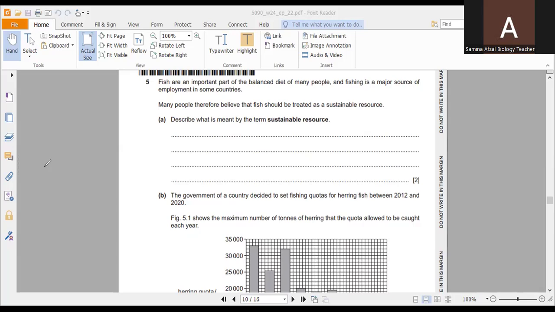So describe what is meant by sustainable resource. A sustainable resource is a naturally occurring substance or organism that is used and managed in a way that allows it to replenish itself and remain available for future generations. The rate at which the resource is used does not exceed its rate of regeneration or renewal.